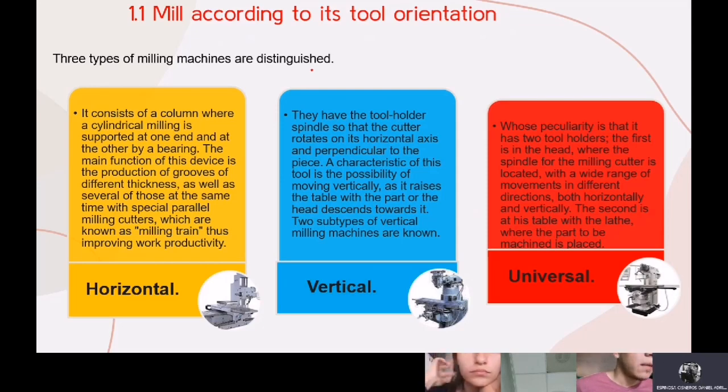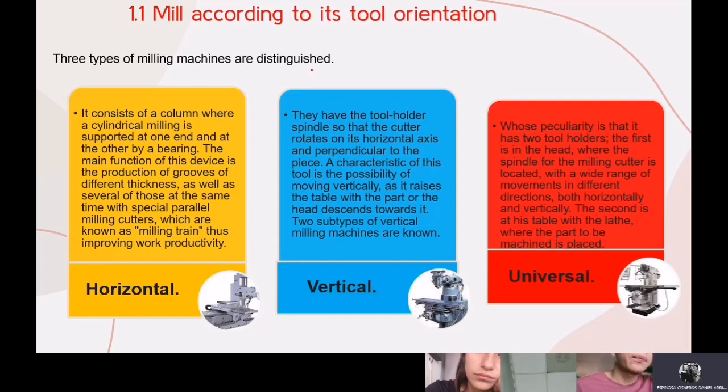The second is the horizontal and vertical. They have the tool holder spindle so that the cutter rotates on its horizontal axis, perpendicular to the piece. A characteristic of this tool is the possibility of moving vertically as the table rises while the part of the head descends towards it. Two subtypes of vertical milling machines are now universal.